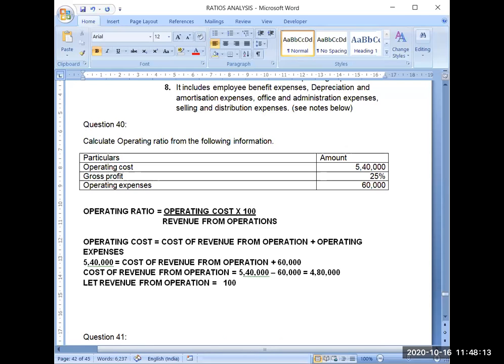See, from sale price you will always subtract profit to get the cost, minus profit, or you can write gross profit. Percentage is given in the question, and then gross profit will be 25.